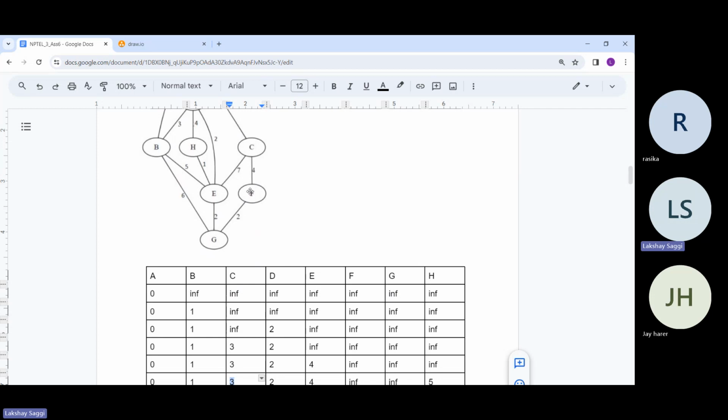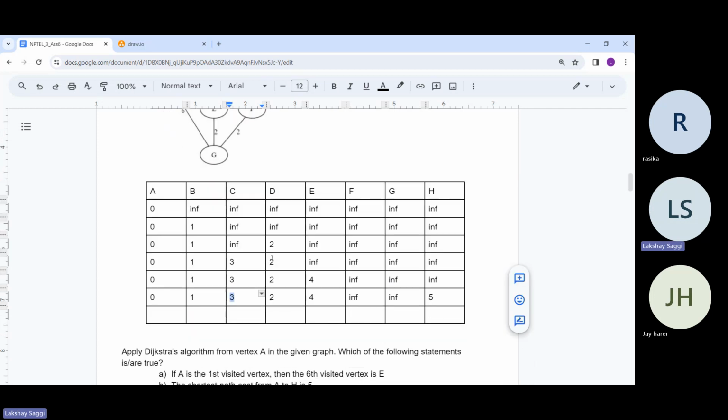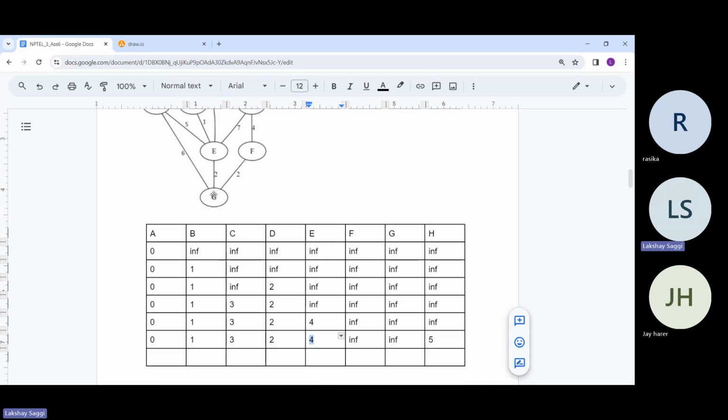So the minimum distance for F in this iteration is 7, whereas for G, G has an edge to E. E is at a distance of 4 and the G to E edge has length 2. So G will have a path of length 6 via E, and this is smaller than the 7 length path which F had.